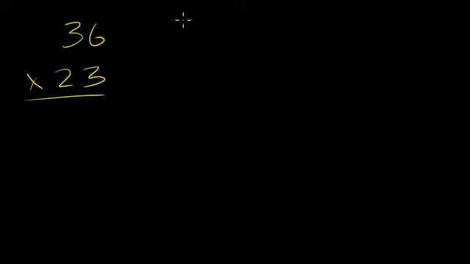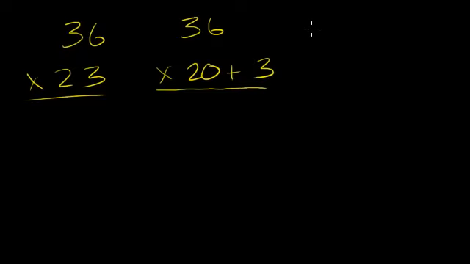We could have rewritten this as 36 times 20 plus 3. And I don't know if you've learned the distributive property yet, but this is just the distributive property. This is just the same thing as 36 times 20 plus 36 times 3.